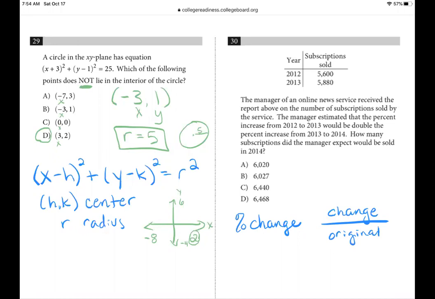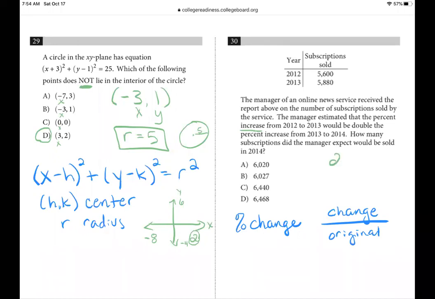For number 30, we have the year, and then we have subscriptions sold for an online news service. The manager estimated that the percent increase from 2012 to 2013 would be double the percent increase from 2013 to 2014. 2014 is not provided for us, but we can figure out the percent increase from 2012 to 2013 if we take the amount of change going from 5,600 to 5,880.